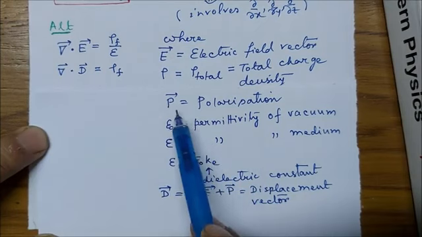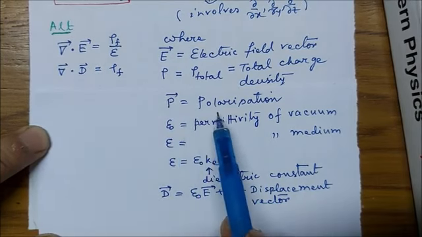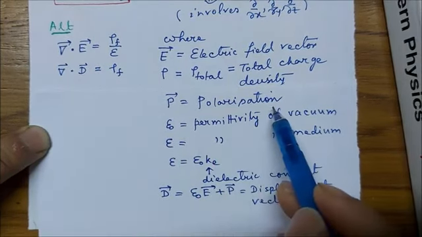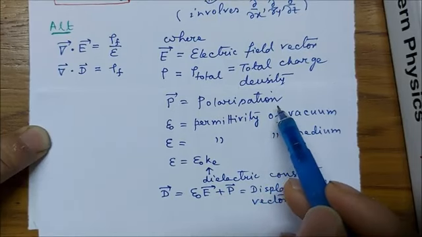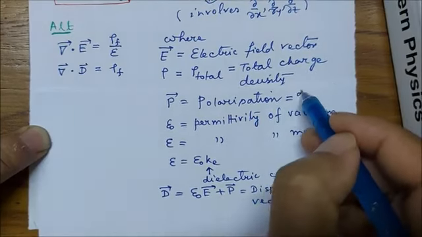And here vector P, which represents polarization, is defined as number of electric dipole moments per unit volume.